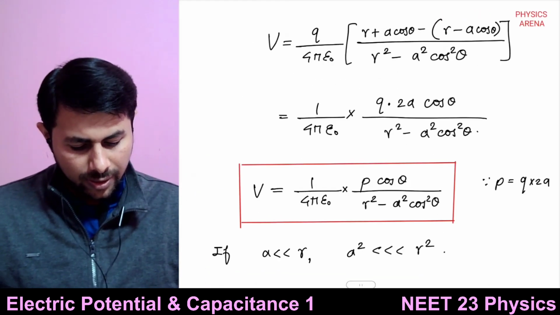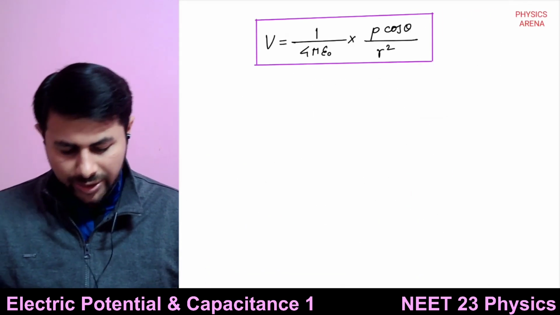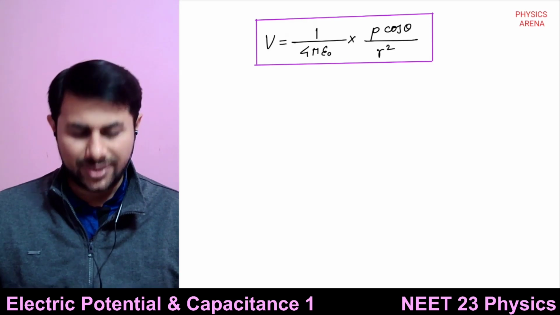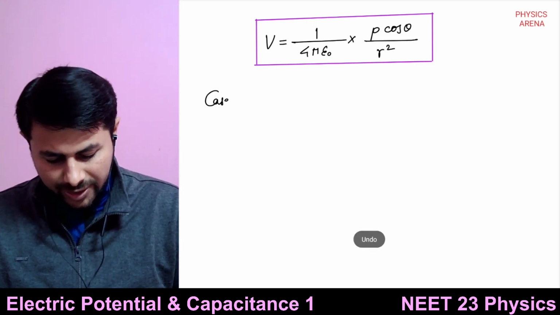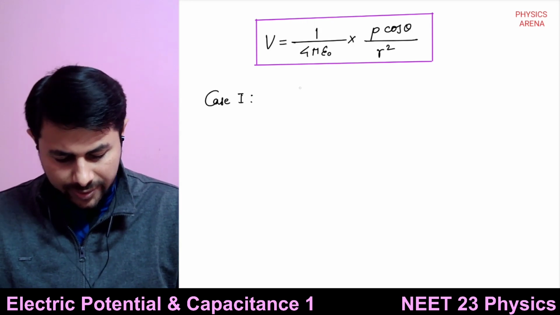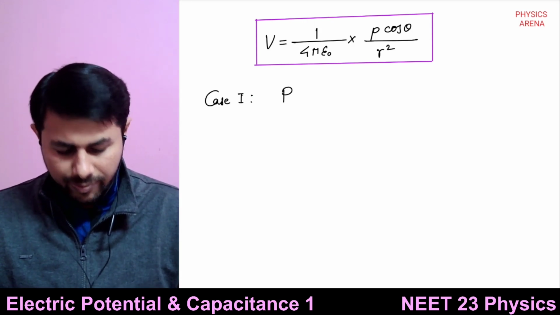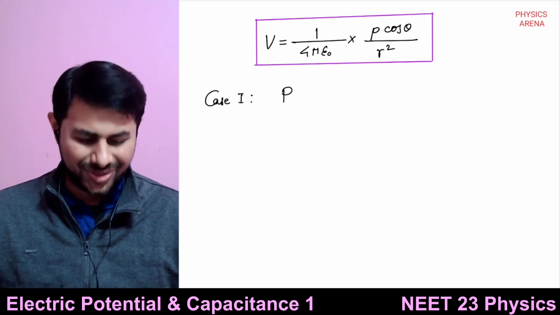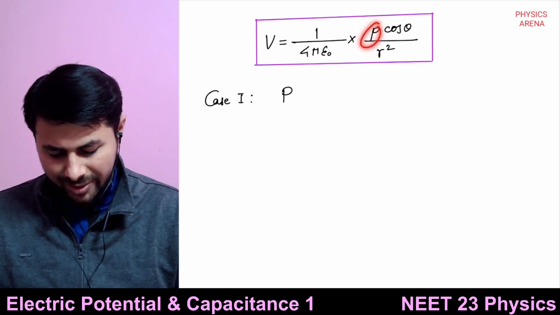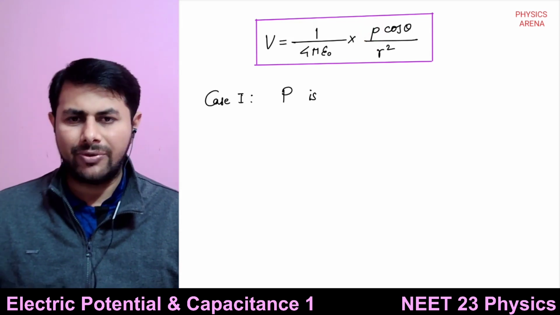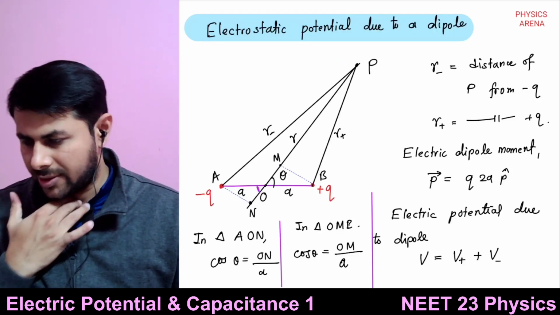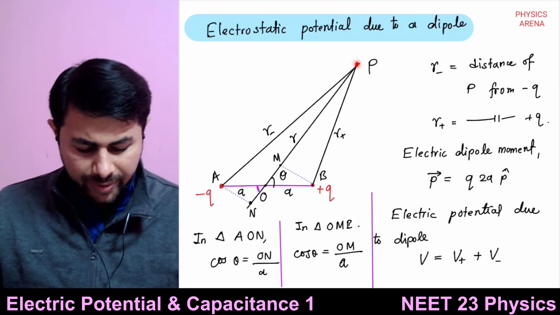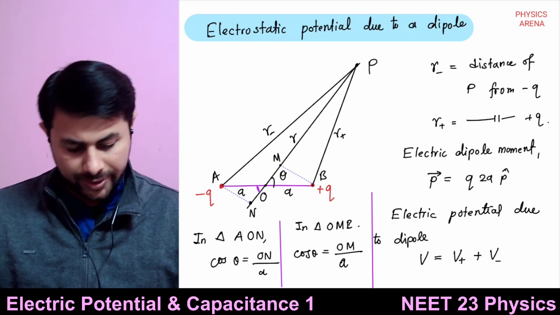Okay, so now very quickly we'll see two special cases. In case 1, the point P, not the dipole moment, is an equatorial point.